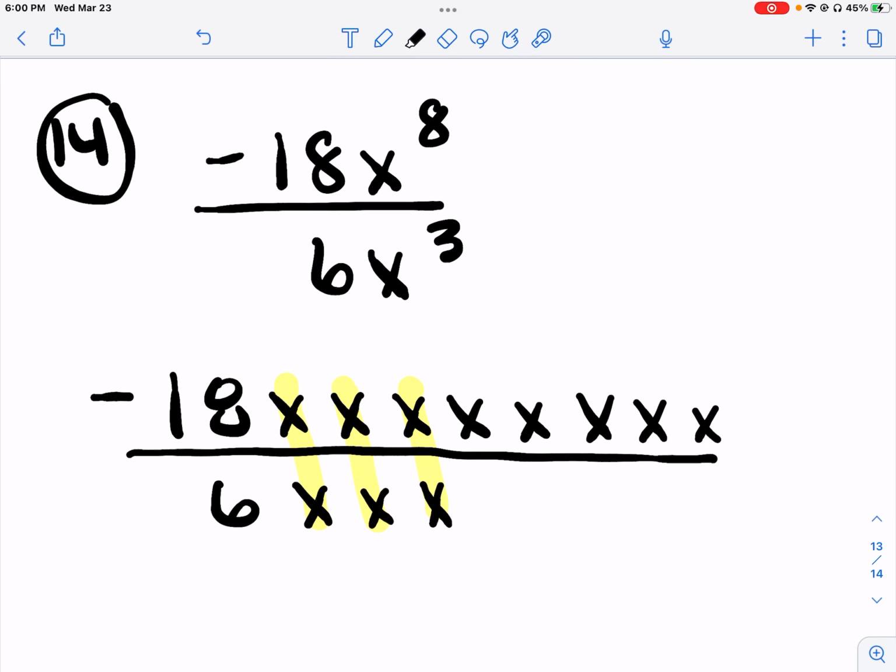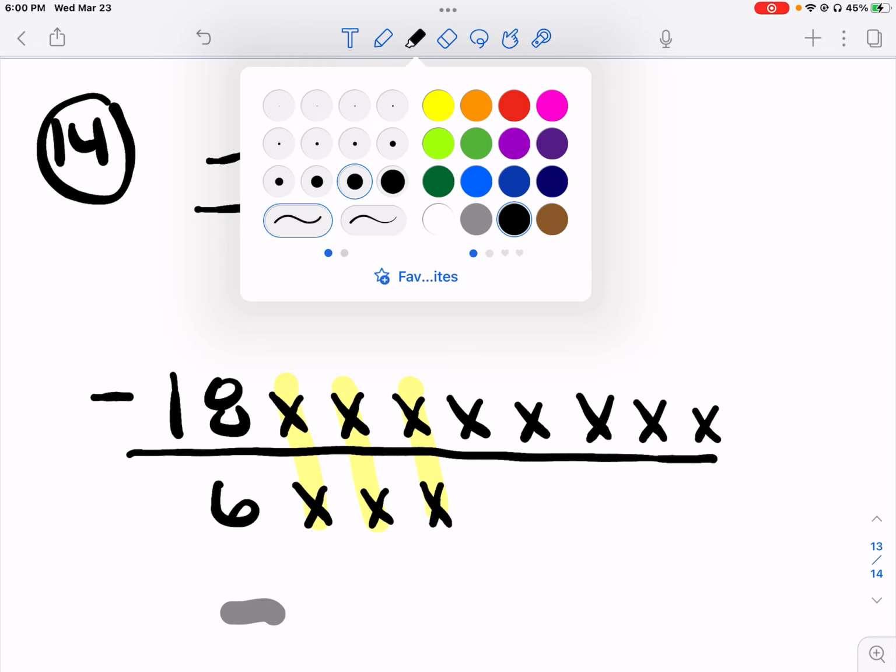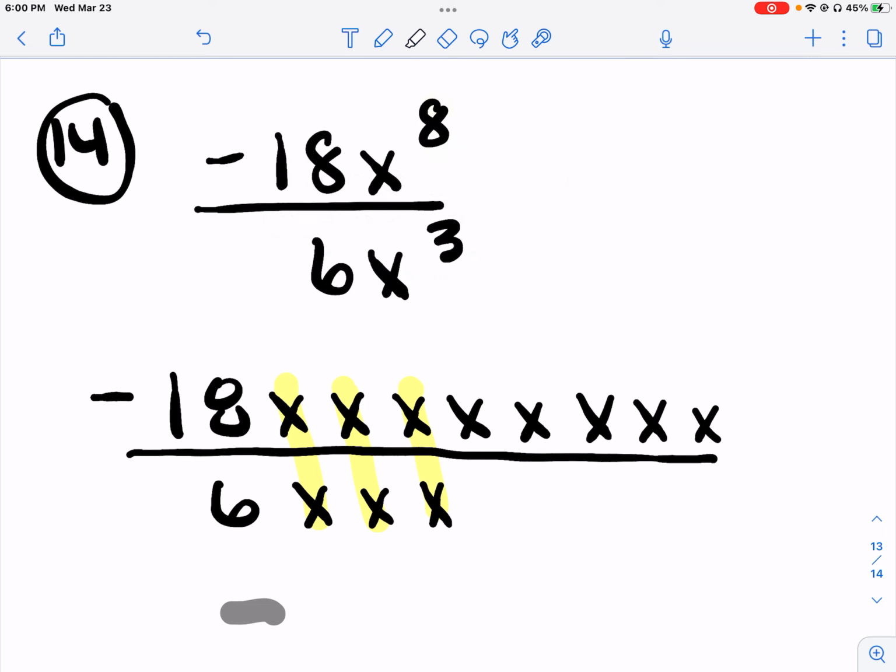Negative 18 divided by positive 6 is negative 3. Negative 3, and there's 5 left on top. So negative 3x to the 5th.